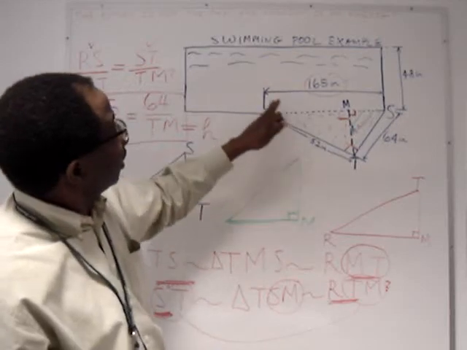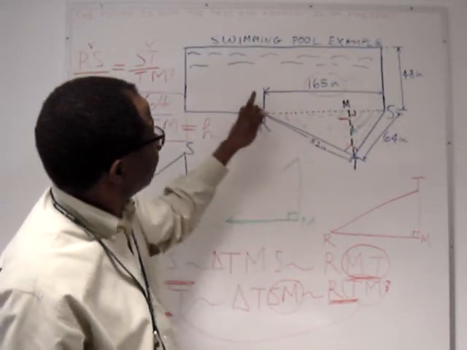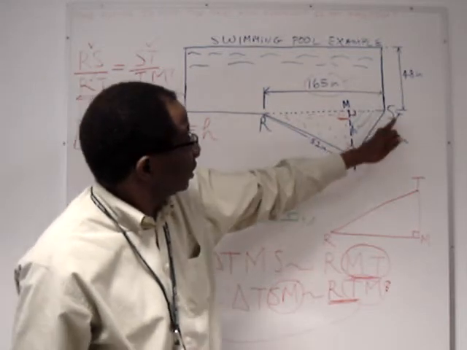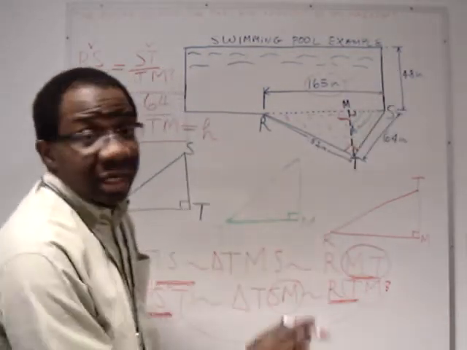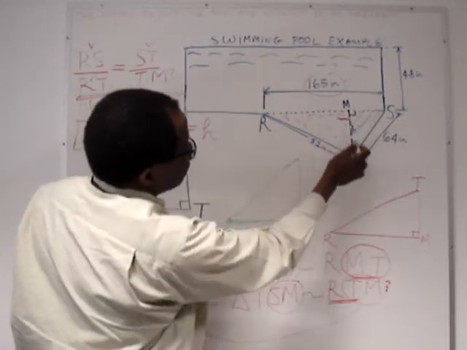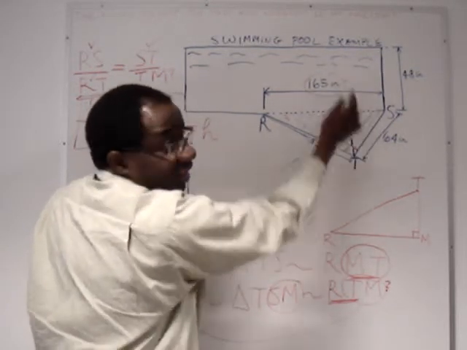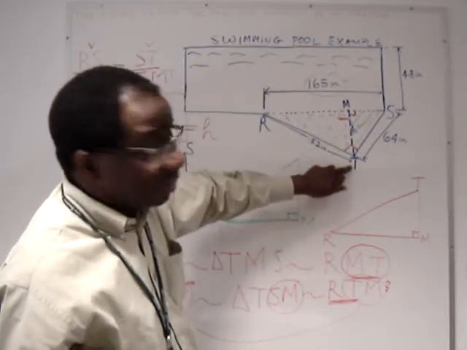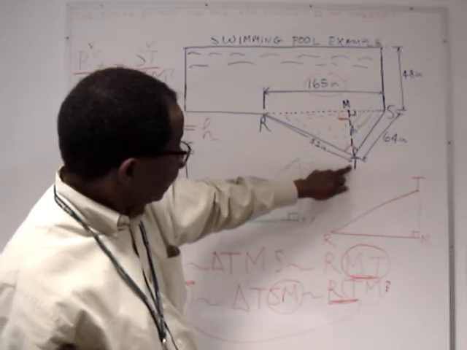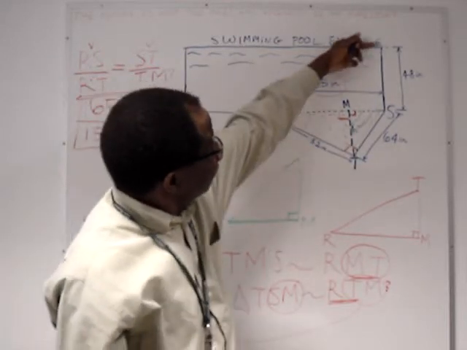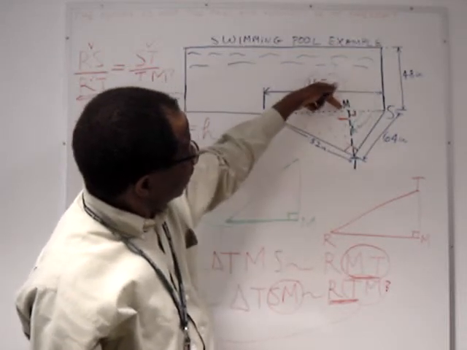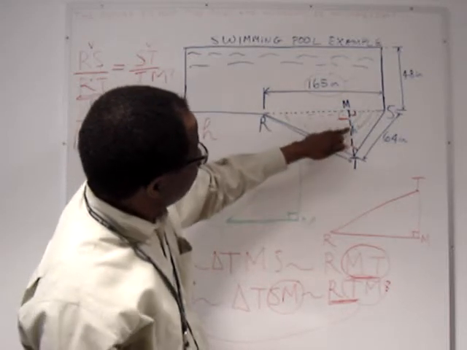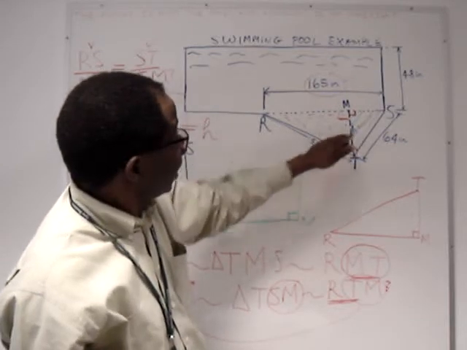They give you some dimensions: 165 inches, 152 inches, 64 inches, 48 inches up to here, and they're asking you, what is the depth of the pool at its deepest point? The deepest point is, of course, point T, right here. But they give you from here to here, so all you need to find now is from here to here. So the segment MT, which we have labeled H in this diagram.